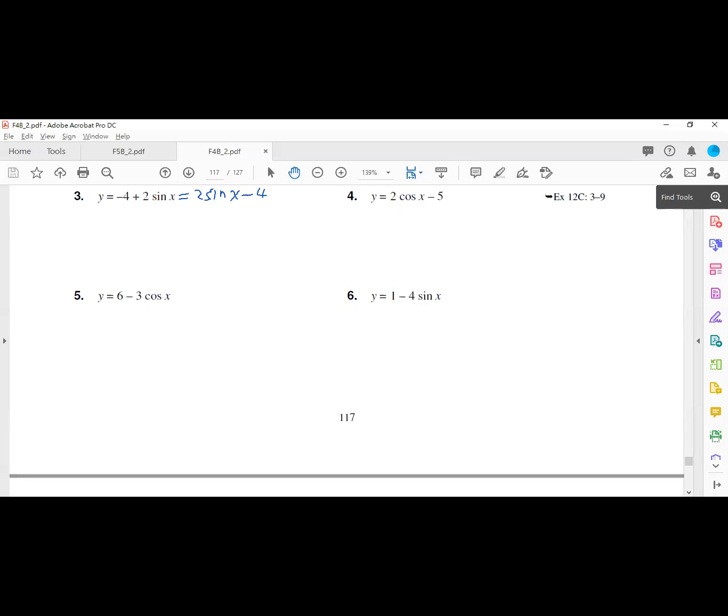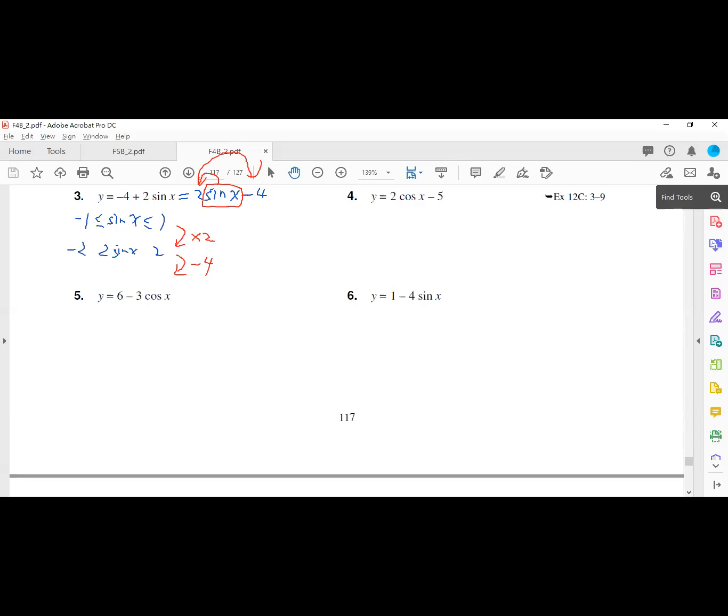And then it is sine x, only sine x here, okay? So we are going to start with the sine x inequality. And then, so how to build the function is multiplied by 2 and then subtracted by 4, okay? So for the first step, we multiply by 2, it becomes -2, and then 2 sine x, and then 2.